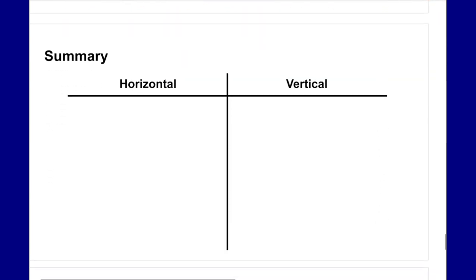So just as a summary for a horizontal and vertical line, right? For a horizontal line, we're going to have the formula y equals b, because there will be a y-intercept. For a vertical line, we'll say x equals a, right? X equals a value. Horizontal has a slope or multiplier of 0, and it does have a y-intercept.